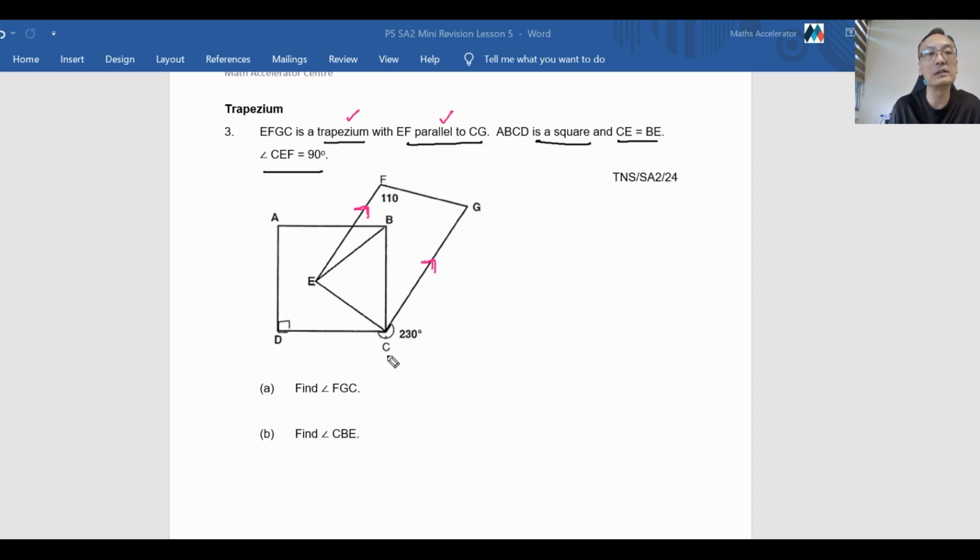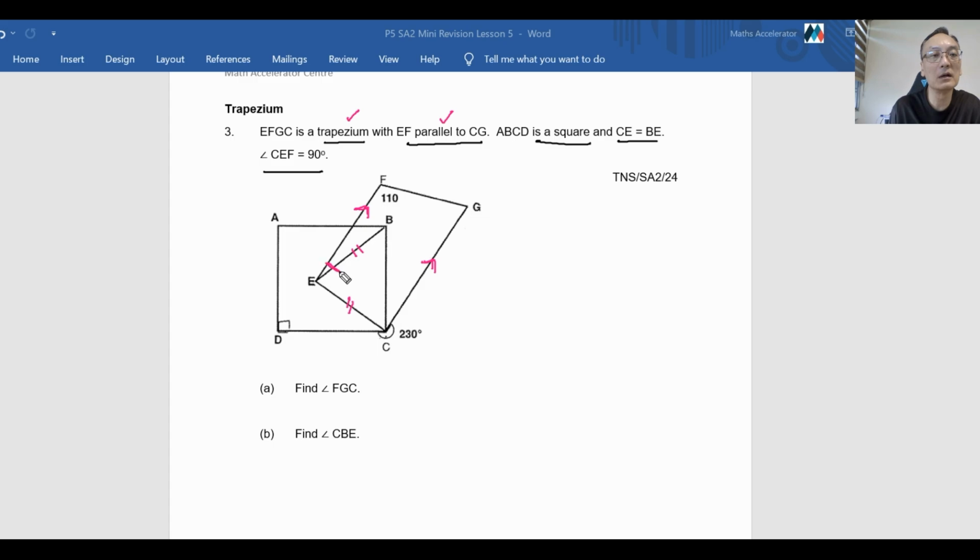And EFGC is a trapezium. Next, we have a square. The square is ABCD. And next, we have CE equals to BE. Okay, so we have these two lines are equal. That means we have an isosceles triangle. And we have CEF equals to 90 degrees.